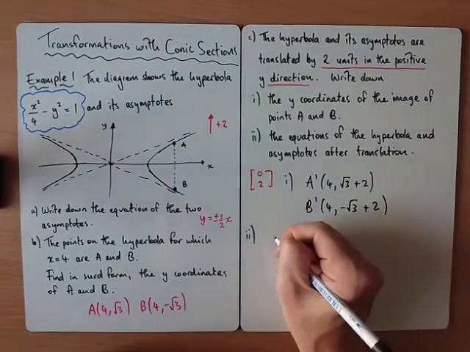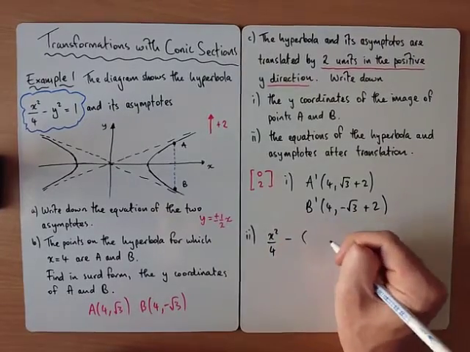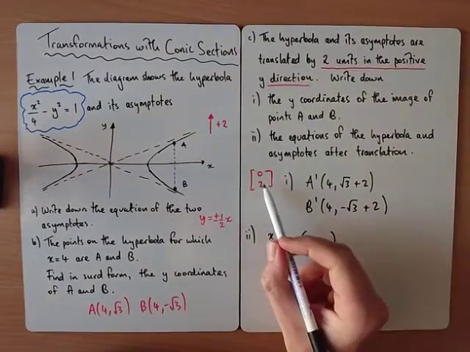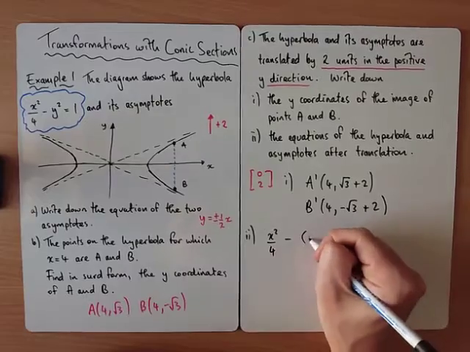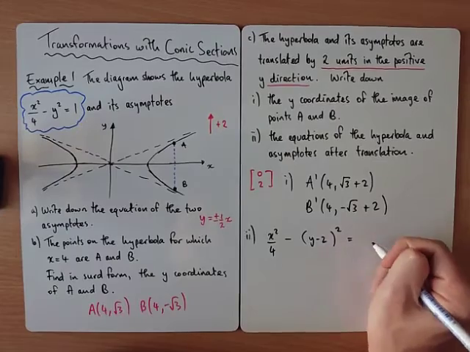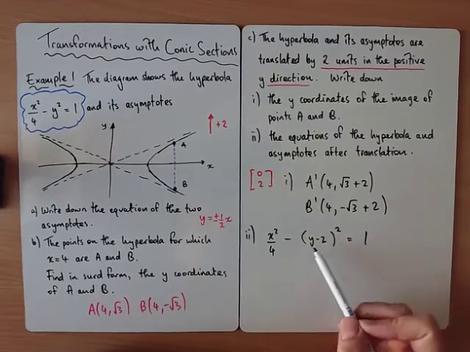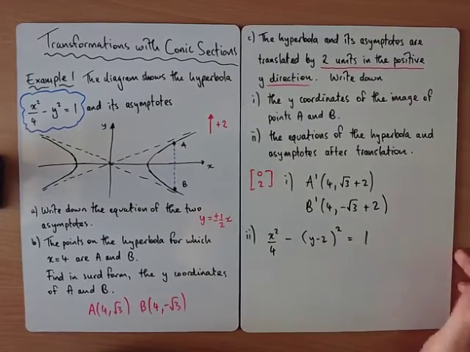Okay, so x squared over 4 minus, a bracket is very important here. If the translation is 0, 2, replace y with y minus 2 and then square it. Okay, it's not a show question, we don't need to rearrange it into any certain form, like we could just leave it like this. You might be tempted to expand this bracket out, but I would probably just leave it like that.